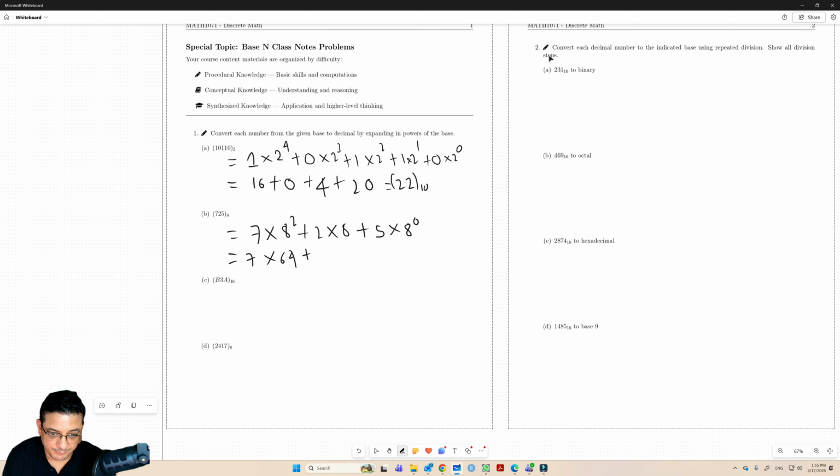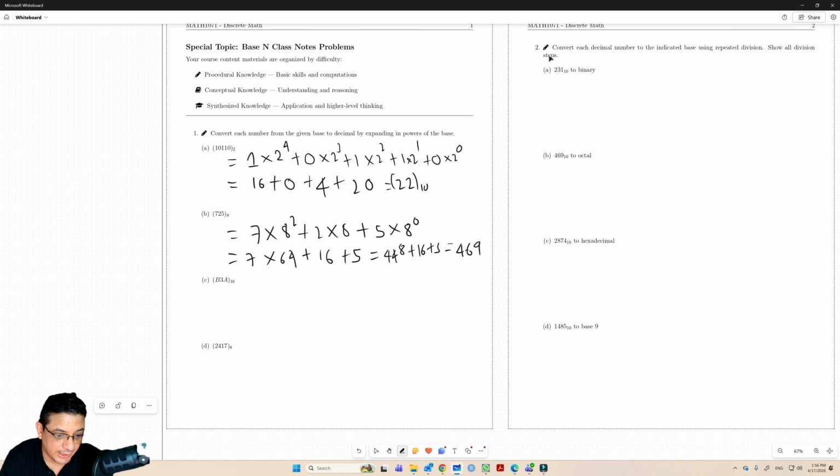And then 2 times 8 is 16. And 8 to the 0 is 1, so this is just going to be 5. Now, 7 times 64 is going to be 448. And so plus 16 plus 5, this is going to give me 469 now in base 10.